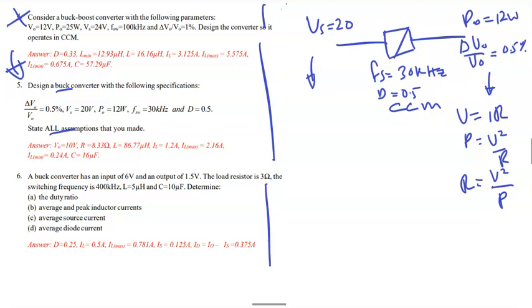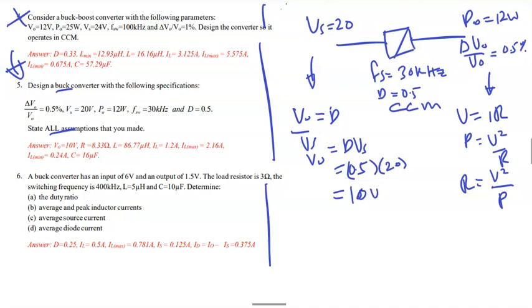Okay, so V out over Vs is equal to D. So V out is equal to D times Vs. So 0.5 times V source of 20. So we have here 2 times 5, which is 100 volt, 10 volt, sorry.